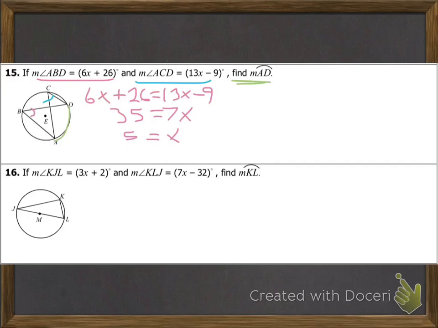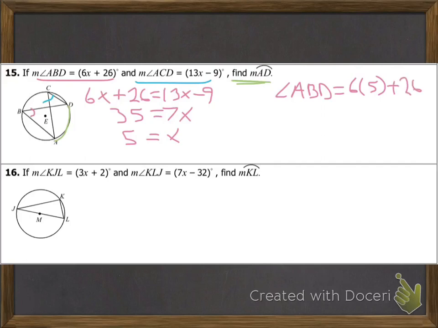So we can use that x to help us find the measure of the angle, and therefore find the measure of the arc. So since they're equal, it doesn't matter which one you plug into, so I'll go ahead and plug into ABD. So for angle ABD, we're going to have 6 times 5 plus 26.